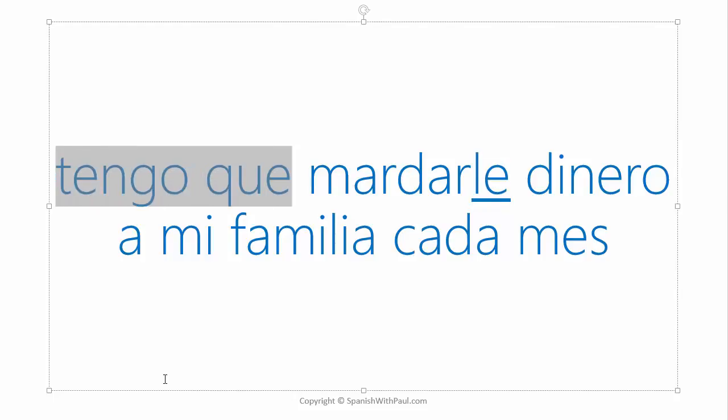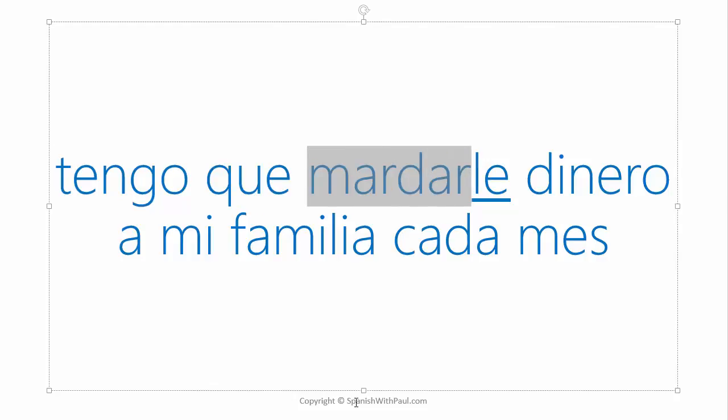Whenever you're using a handle, followed by the full verb as always, then you will just tag the pronoun onto the end of that full verb. So it's working just the same as before with all of our other regular pronouns and work that we've done in the course. But it is going to sound strange to your ears and strange to say because we're not used to including this redundant le.